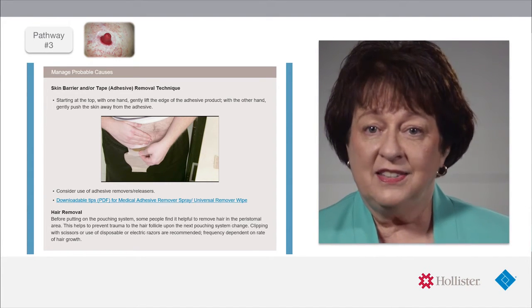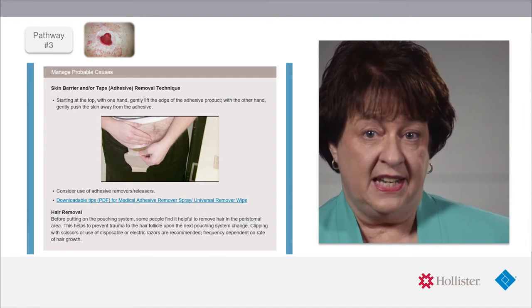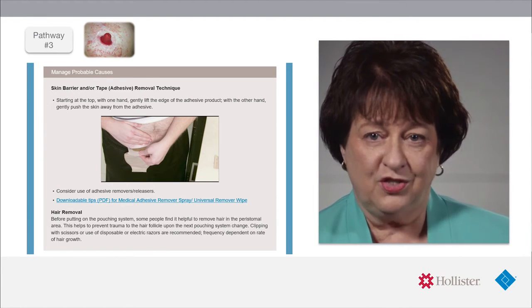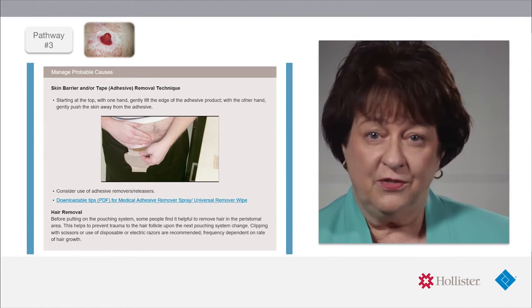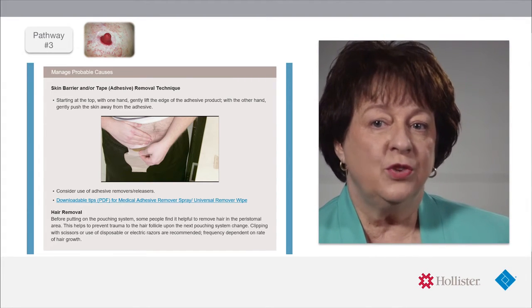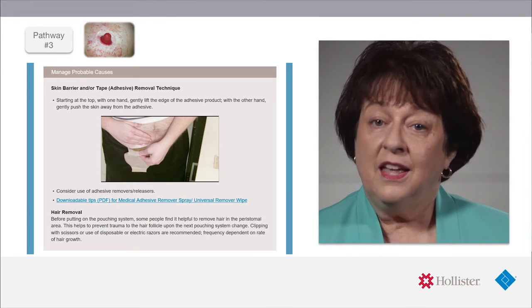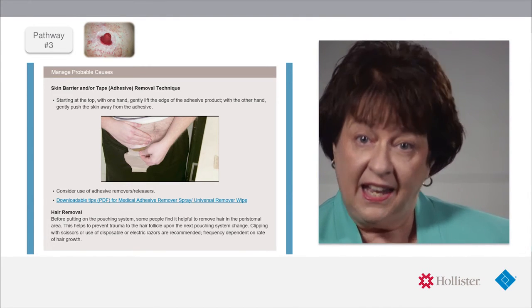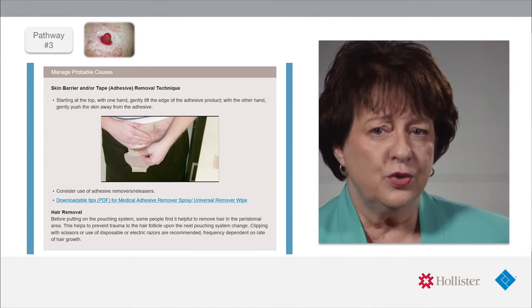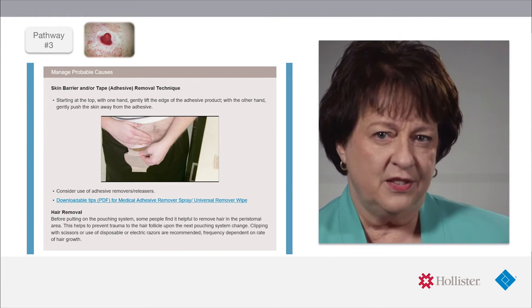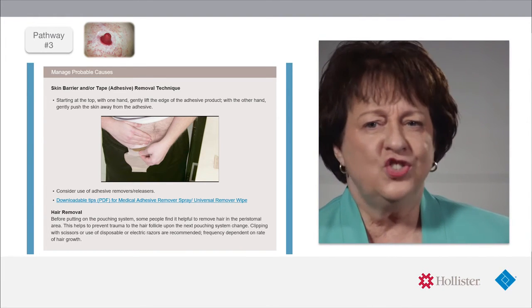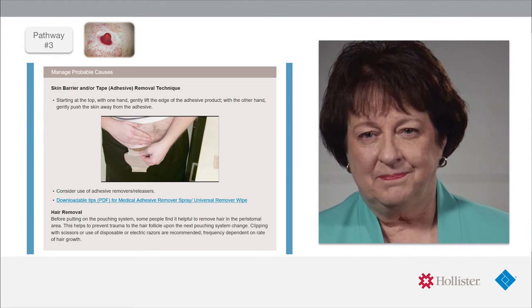First, it advises a recommended removal technique supported by video instruction and provides additional information regarding adhesive remover products for your consideration. Note, the WOCN Society and the guide do not endorse or support any specific brands or products. This is general product information.